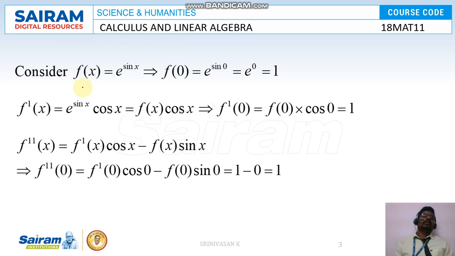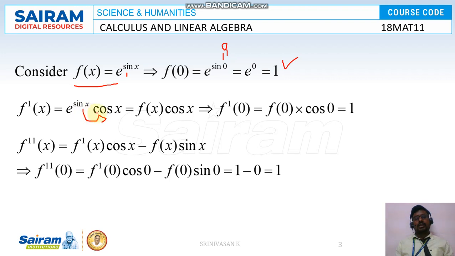So f of x equal to the given function e power sin x. Substituting x equal to 0, we get f of 0 equal to e power sin 0; sin 0 equals 0, so e power 0 equals 1. Next, f1 of x: the differentiation of e power sin x is e power sin x into the differentiation of sin x, which is cos x.